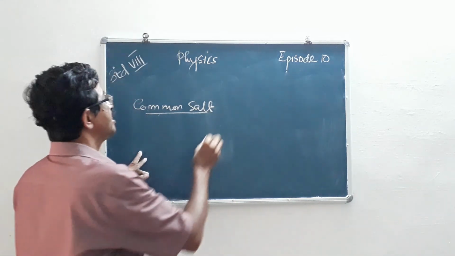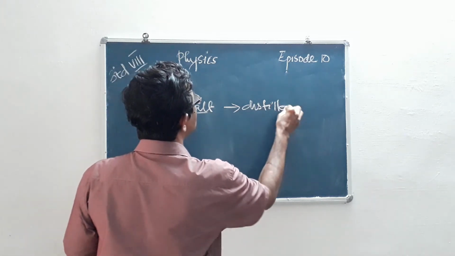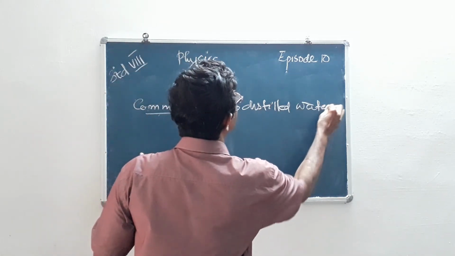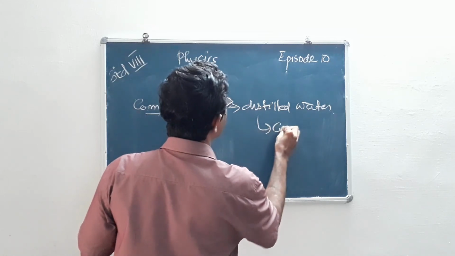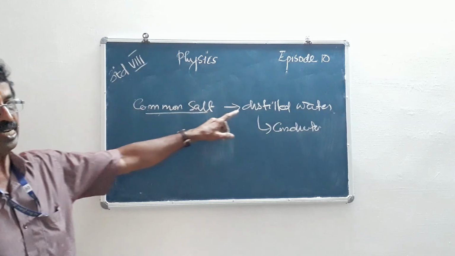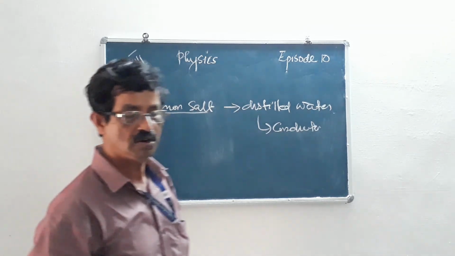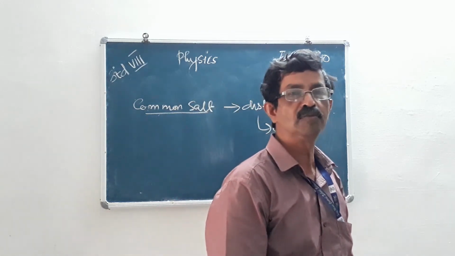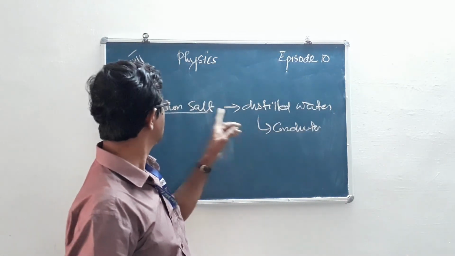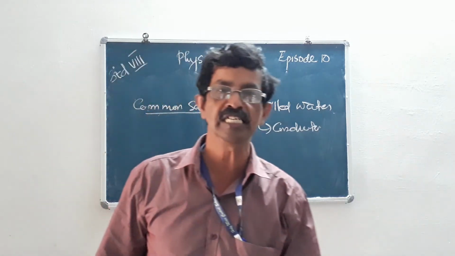Now the distilled water becomes a conductor. But otherwise it is not conducting. Then we want to know one more thing about the conductivity of distilled water. If we add some other material, then it can conduct electricity.